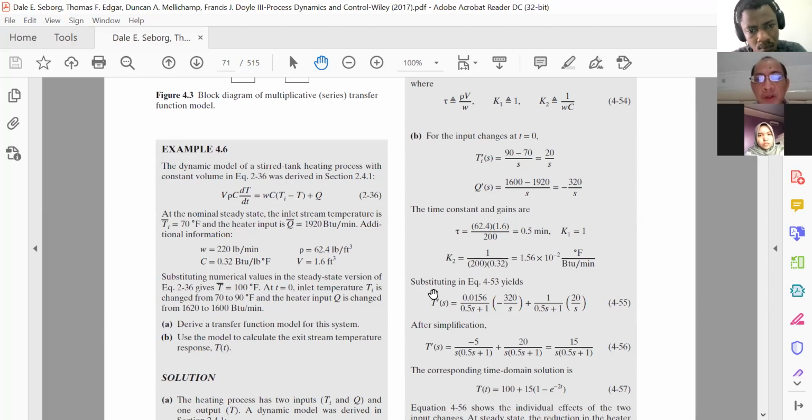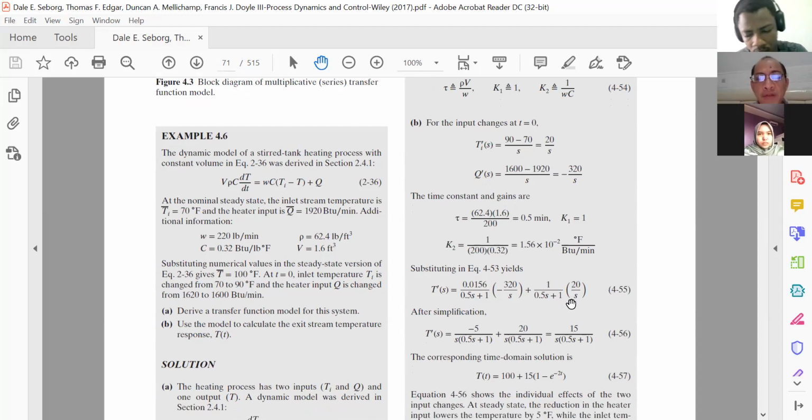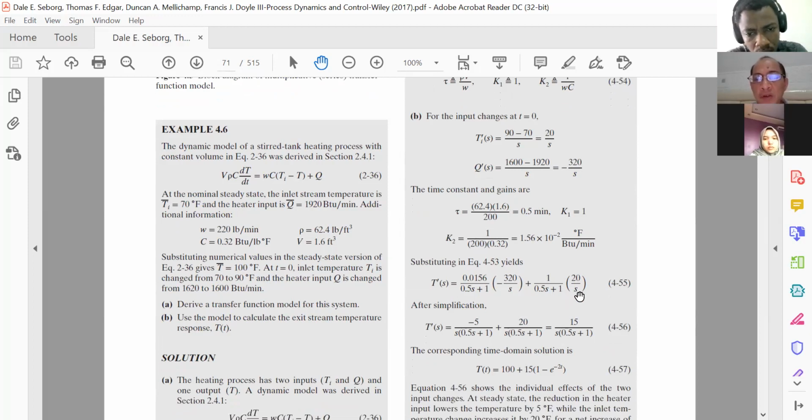Then substituting in equation 4.53, we get something like this. After simplification, you should check the table of Laplace transforms, and you will get something like this. The result will be T prime equal to 15 over s times (0.5 s plus 1). The corresponding time domain solution is this one.